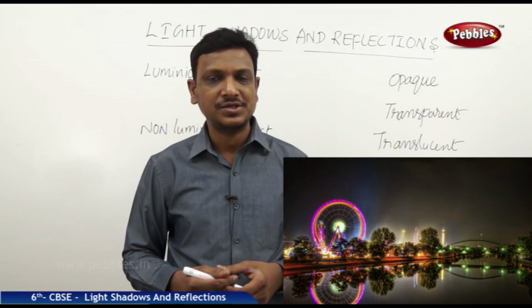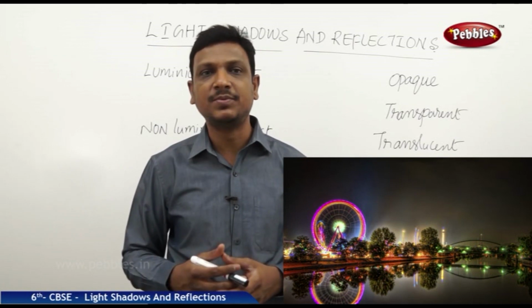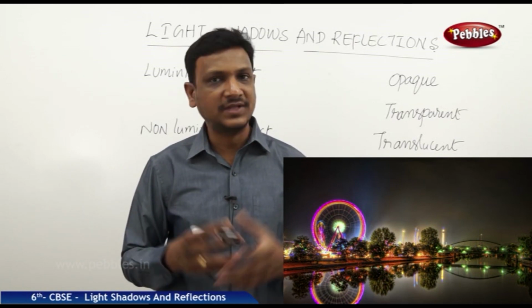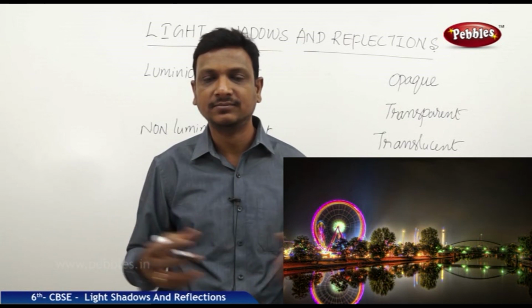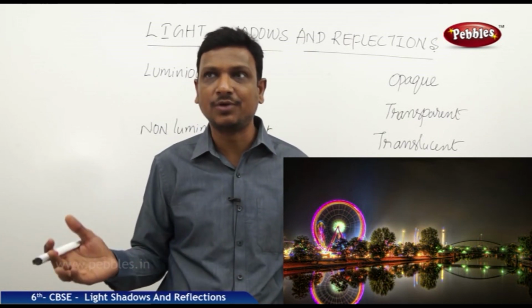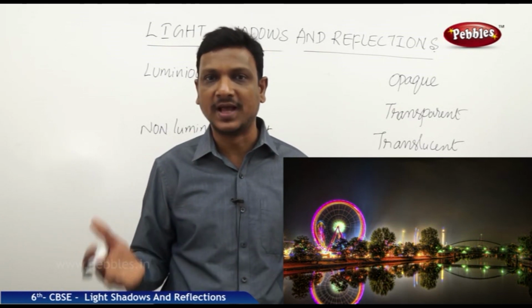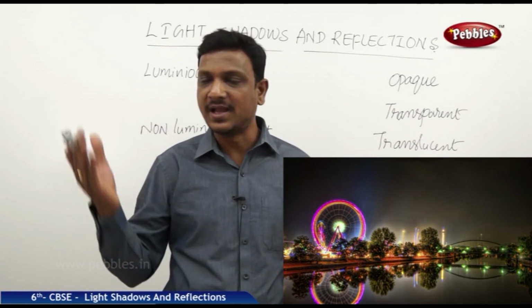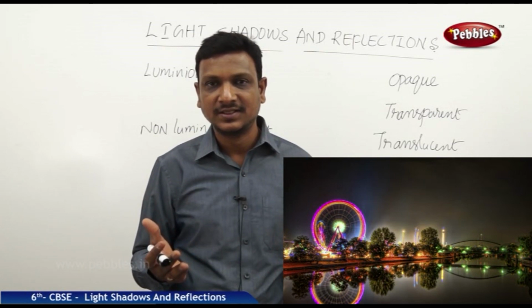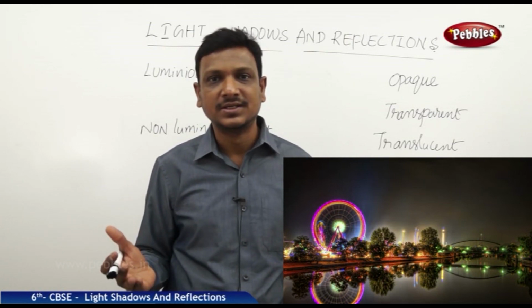Okay. So we are able to see the world. It's because of light. If there is no light, you cannot see anything. Daytime you are able to see because light is there. Nighttime you cannot see anything because there is no light. Daytime the light of sun falls on the earth, so we have sunlight to see.